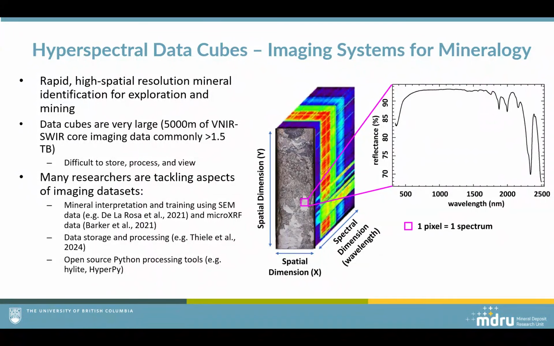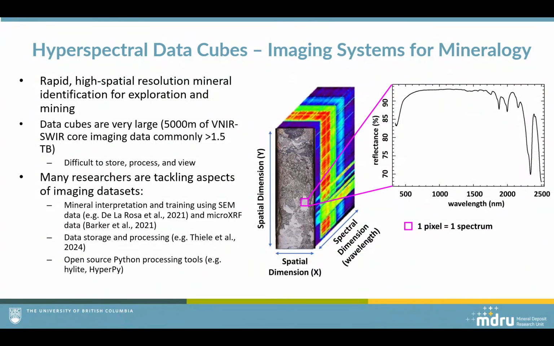At the end of the day, hyperspectral data is one of the few data sets that we as geologists have at our fingertips to identify minerals in near real time. So hyperspectral data cubes, or core scanning in general, is a rapid, high spatial resolution mineral identification process that we use across the mining value chain.